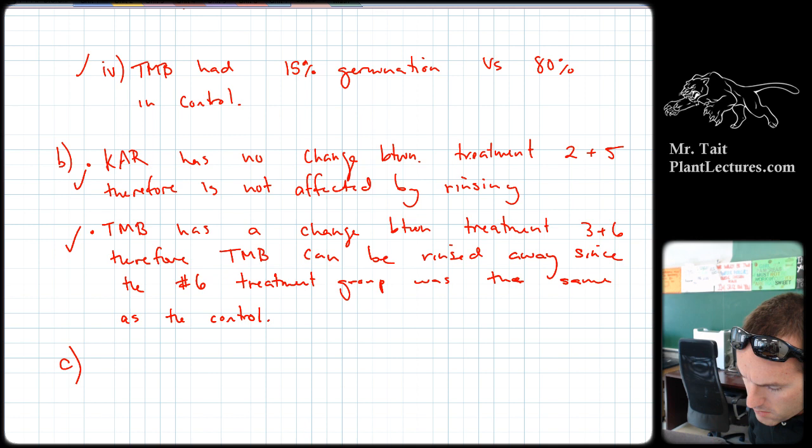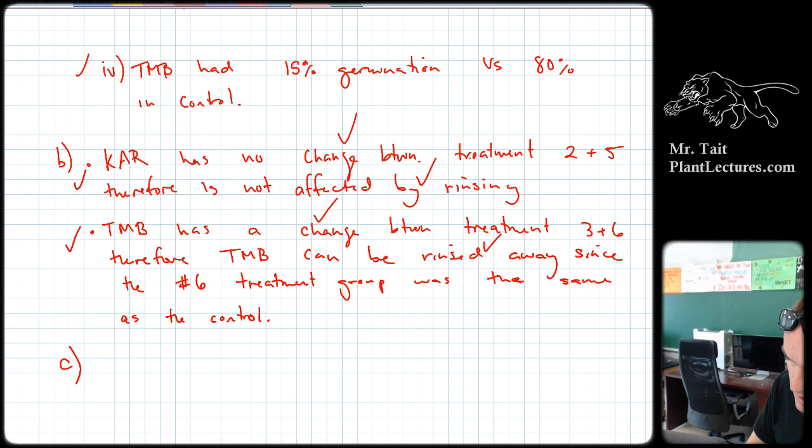So here's our claim, here's our support. So that's actually 4 points, right? So B is also worth 4 points, so we're up to 8 points now, which means C only has to be worth 2.